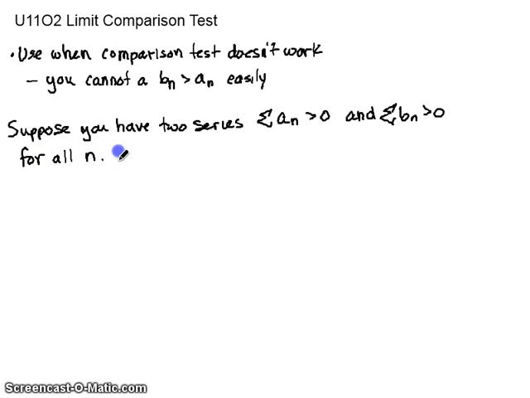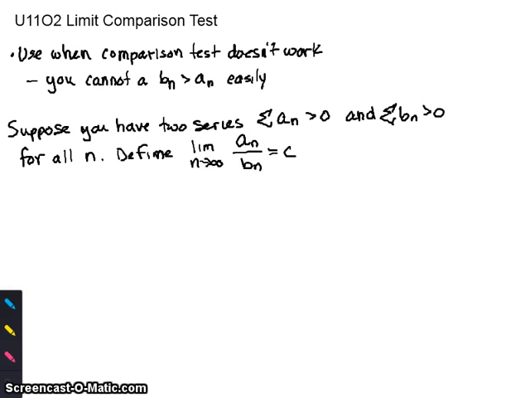What we're going to want to do is define a limit as n goes to infinity of a of n over b of n, and we're going to set that equal to c, some number c.